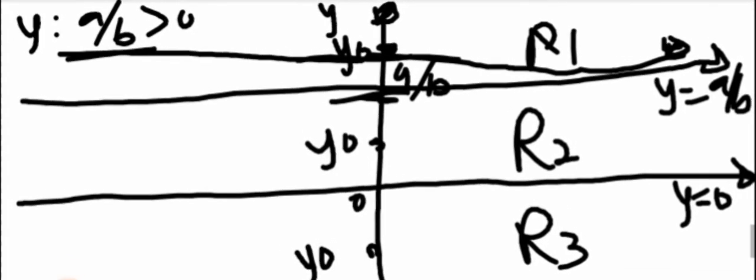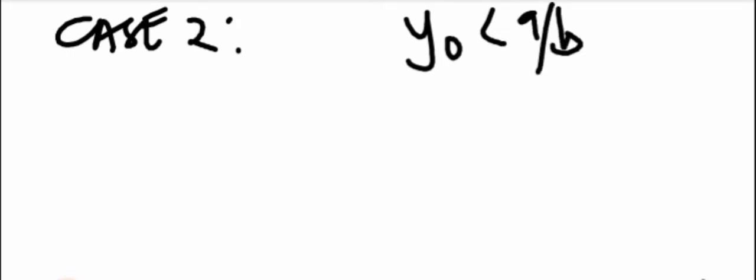So let's go back and do case 2. We can see that y naught is in between 0 and a over b. So what does this mean?